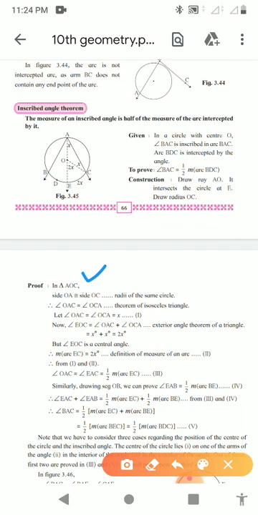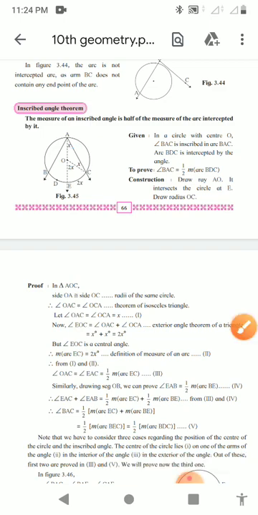Since the sides are equal, this triangle is an isosceles triangle, and the angles are also equal. So if we assume angle OAC and angle OCA are both equal to X, let us say, now let us consider angle EOC.